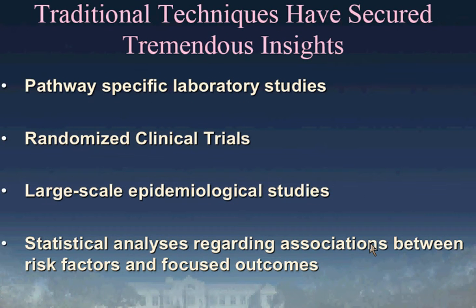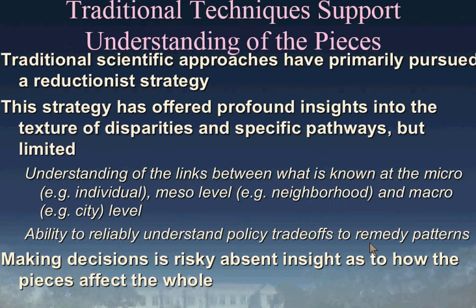Traditional techniques here have secured tremendous insights: pathway-specific lab studies, randomized controlled trials, large-scale epi studies, and biostat studies analyzing associations between risk factors and certain outcomes. There's no doubt that these have been seminal and important foundations on which we have to build.